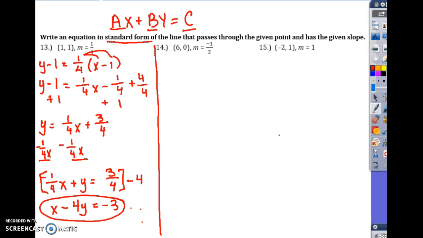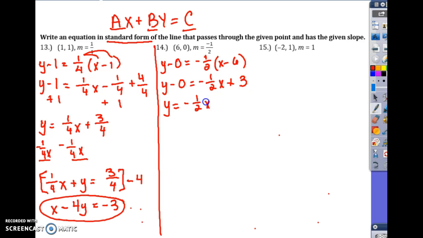Okay, number 14. So I'm going to start again. I'm going to do y minus 0 equals -1/2, again point slope form, times x minus 6. I'm going to distribute. I get -1/2 x plus, -1/2 times -6 is positive 6/2, which is 3. And then I've got y is equal to -1/2 x plus 3 in slope-intercept form.